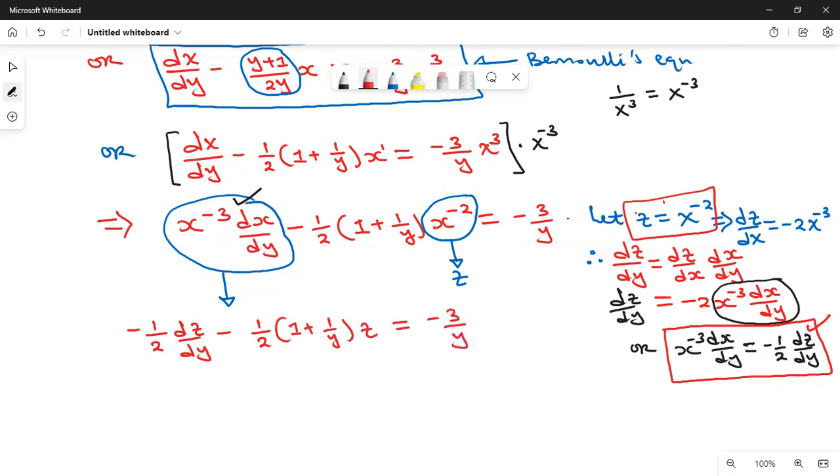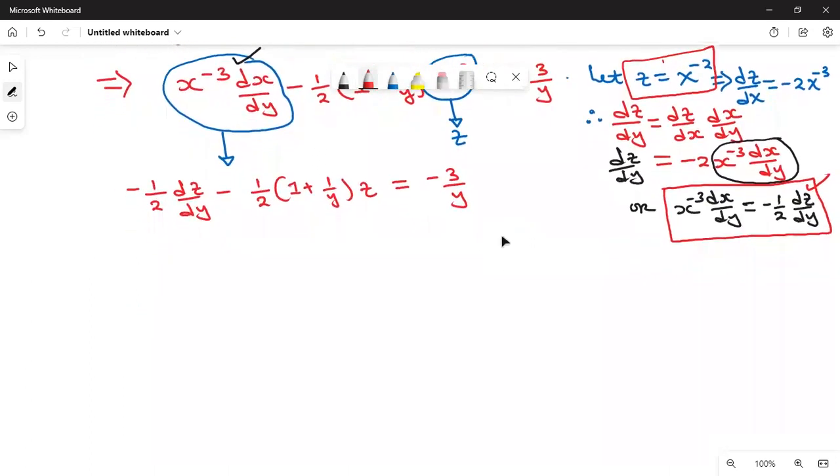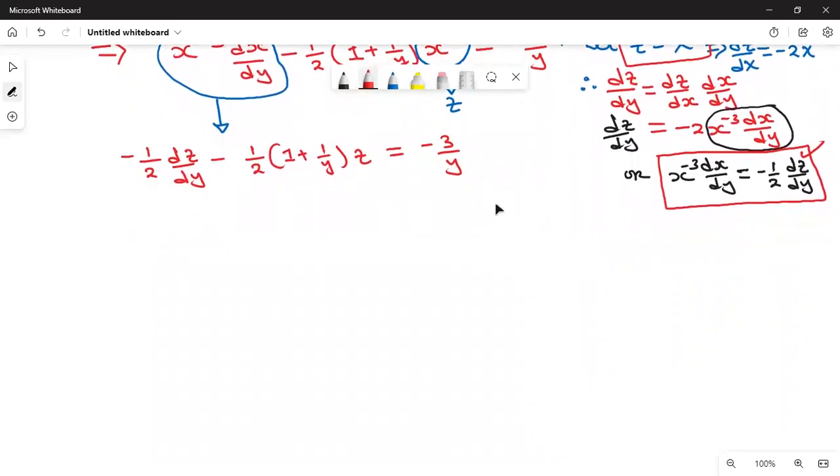That's what we have. And so you need to make the coefficient of the derivative to be 1. So what do we do? Instead of -1/2, make it 1. So this we are going to multiply by -2.